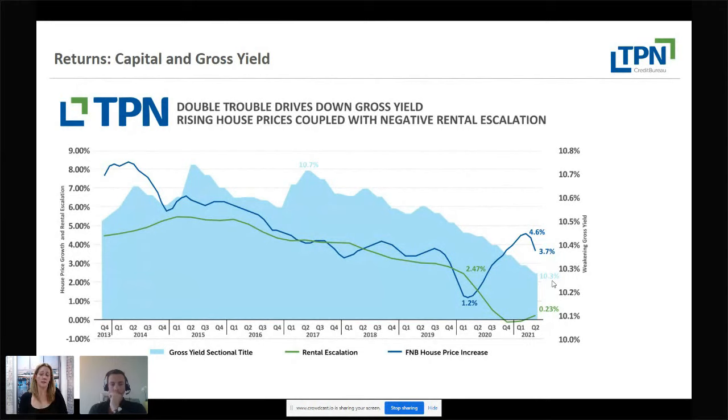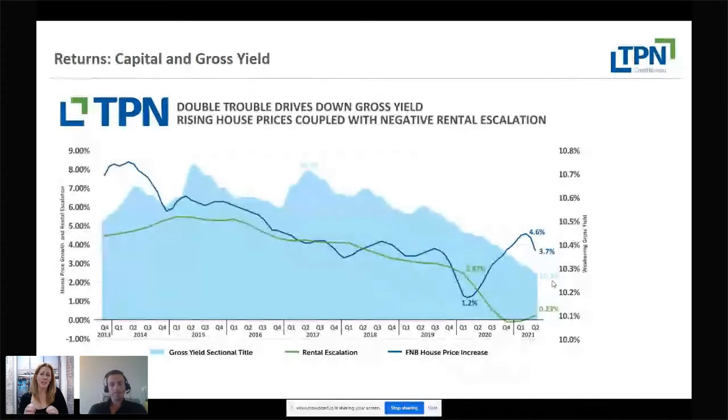The reality is that in order to make any investment work, you need to be buying these properties at a discount. You can't be buying at market value. You've got to seriously know what your costs are. So what is the real rent that I can achieve on this property? And what costs, what levies, what rates and taxes, what additional repairs and maintenance?